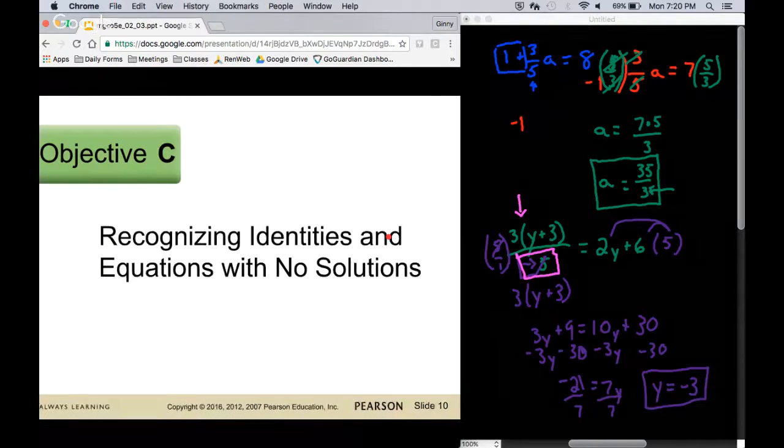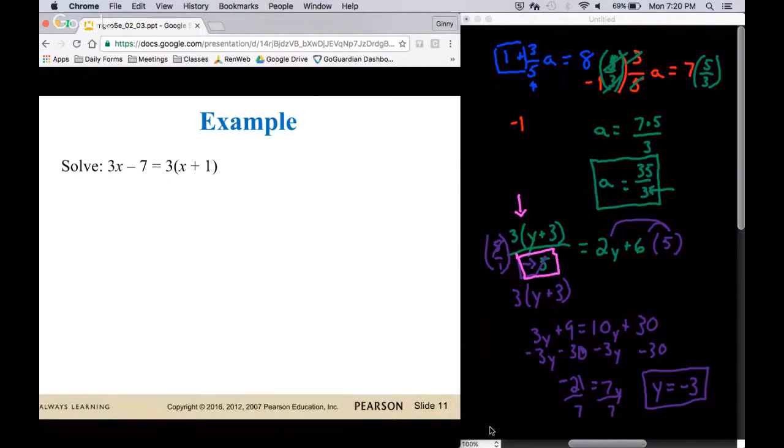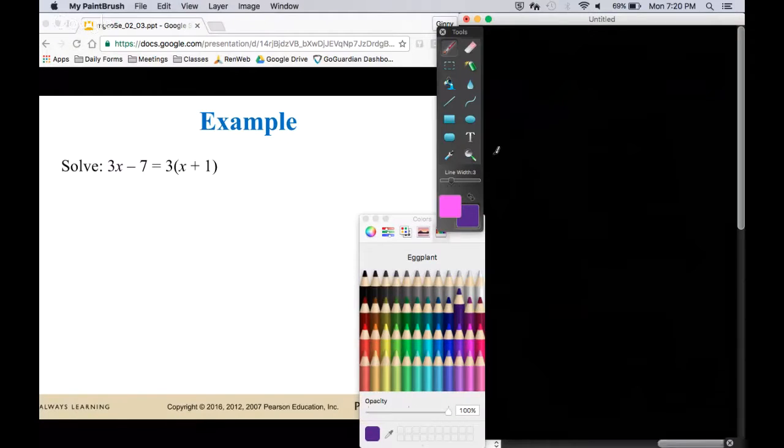Recognizing identities and equations with no solutions. When we say an identity, what we're looking at specifically is when a value on one side of the equation equals a value on the other side of the equation.